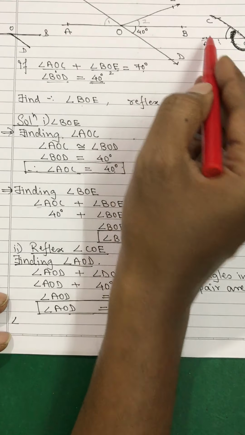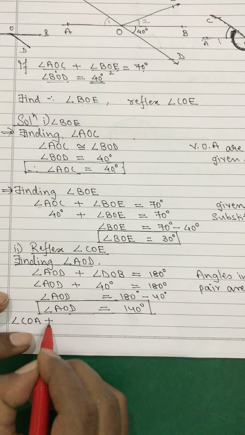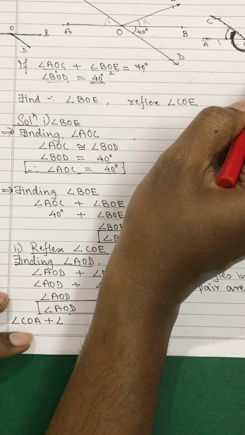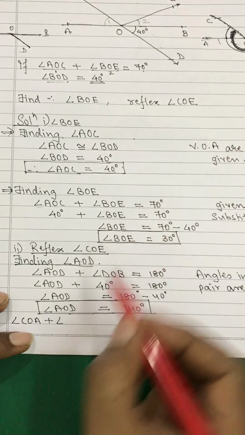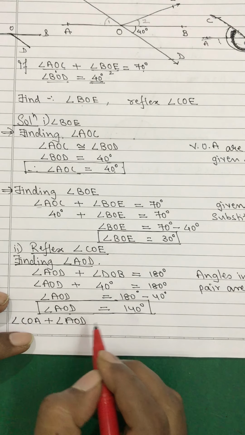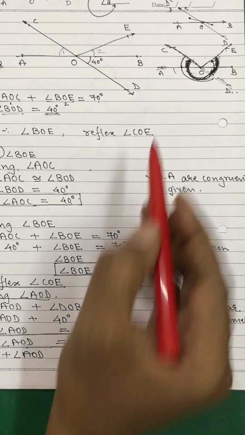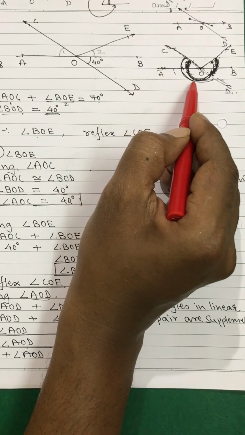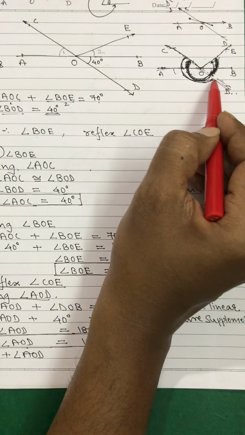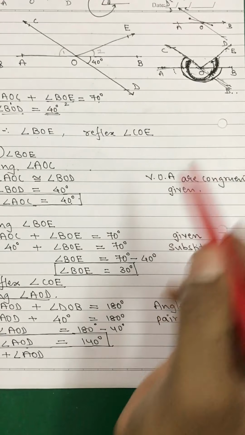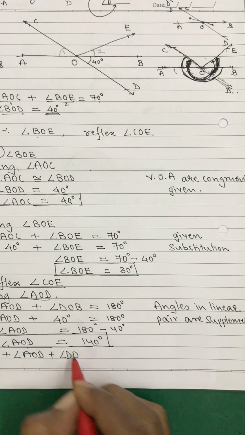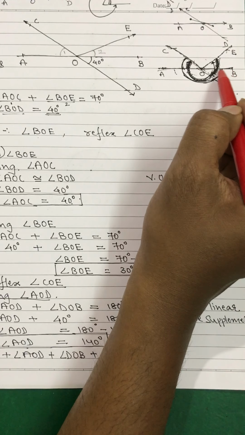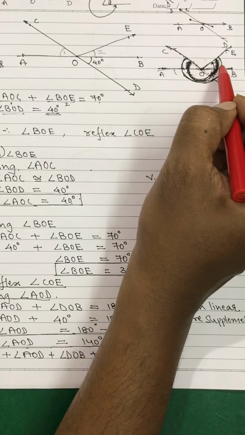Angle COA, this part, plus angle AOD, this part, plus angle DOB, this part. See, everything has to be in continuity, no gap and no overlapping. I have reached over DOB, and now angle BOE is this part.